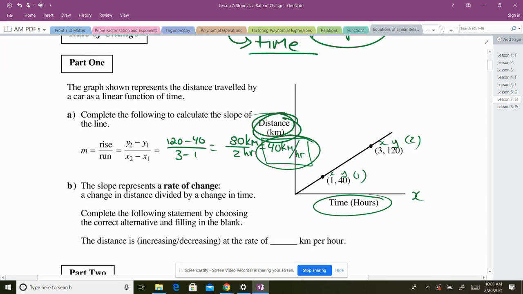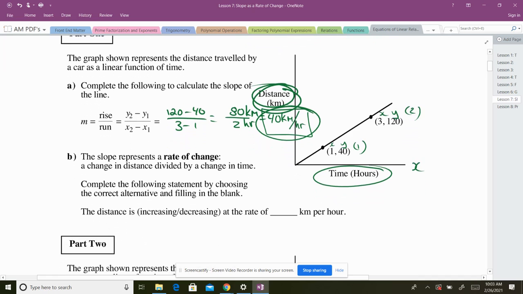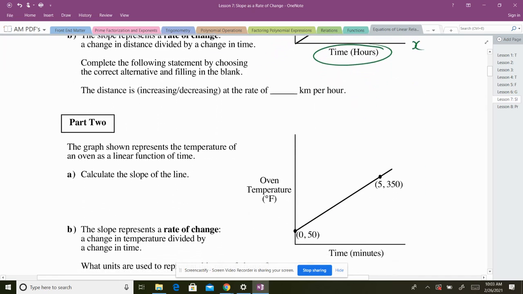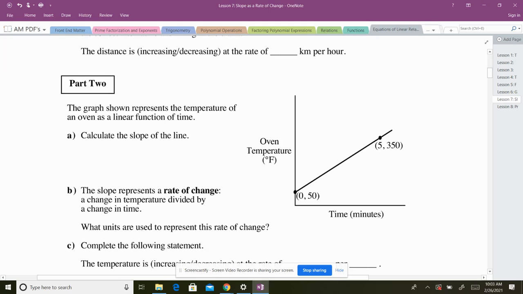Okay. Is that okay? All right. Figure out the slope of this line. This is the temperature and minutes. I want to know the slope of this line. Same formula because it's y2 minus y1.